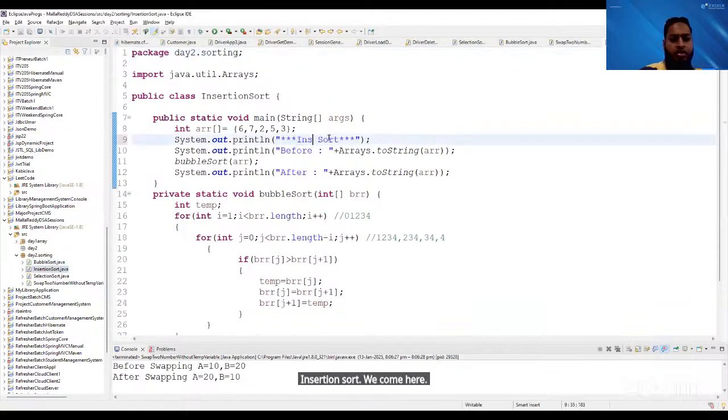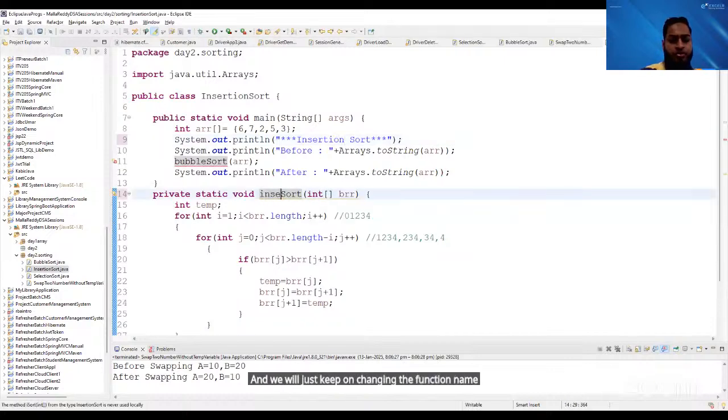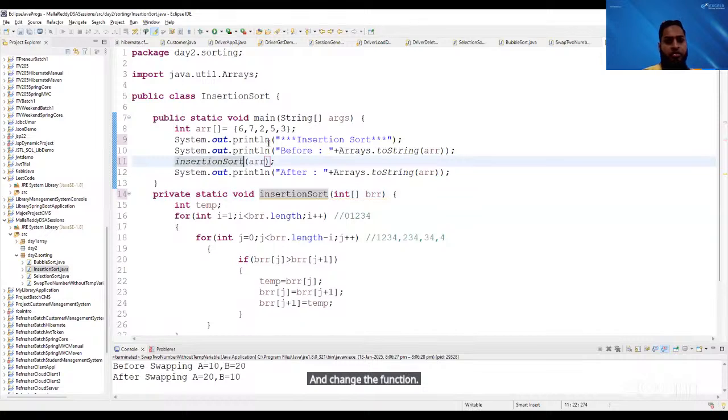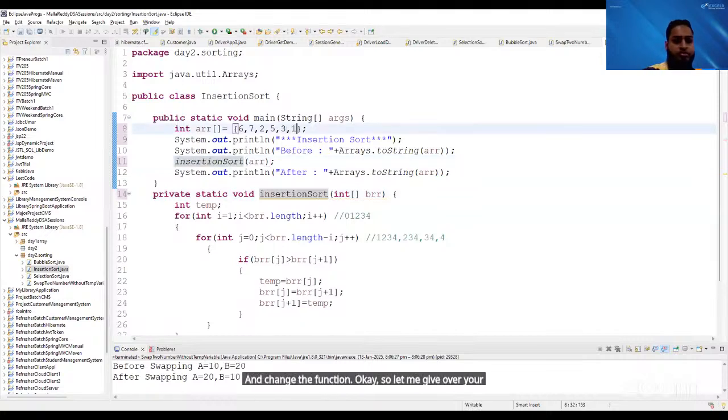We will just keep on changing the function name over here and change the function name. Okay, so let me give comma 1 over here also.